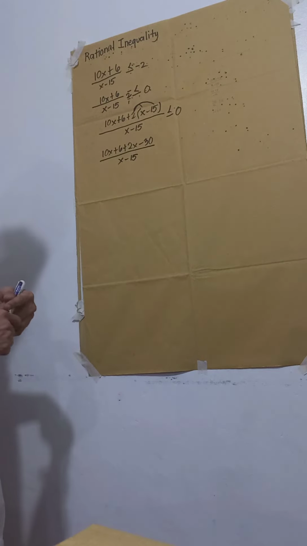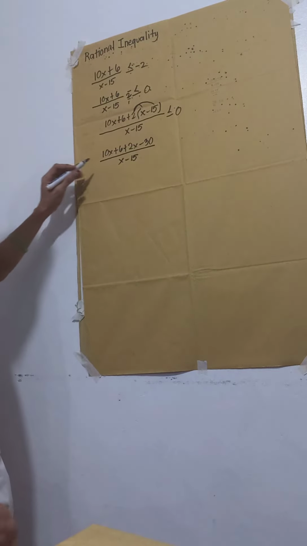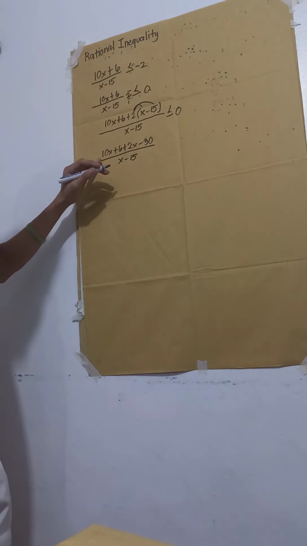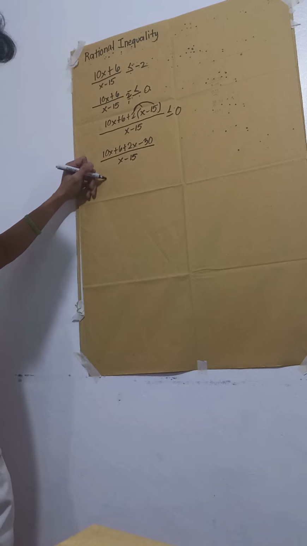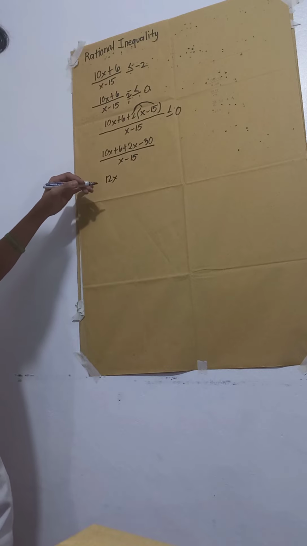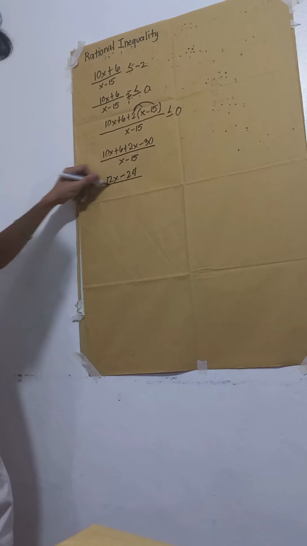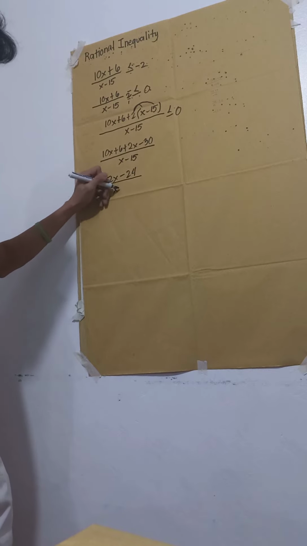Now, simplify the numerator. That would be 12x minus 24 over x minus 15.